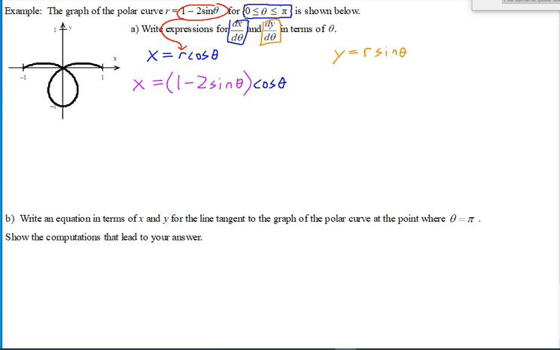And then you could take the derivative in this form if you want, using the product rule, or you could distribute it out first. It just depends on the problem. I think in this case it might be easier if we distribute out the cosine first, but either way is fine. So here we'll have x equals cosine theta times 1 is cosine theta, minus 2 sine theta times cosine theta.